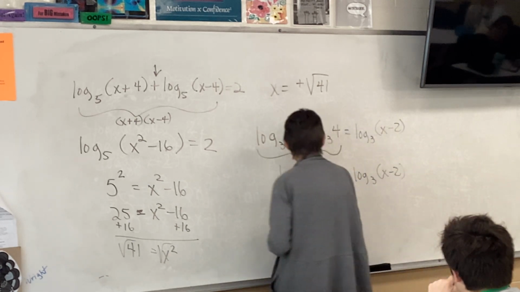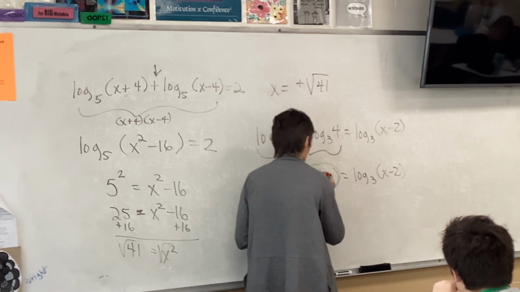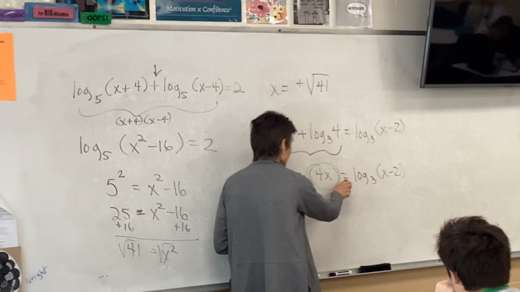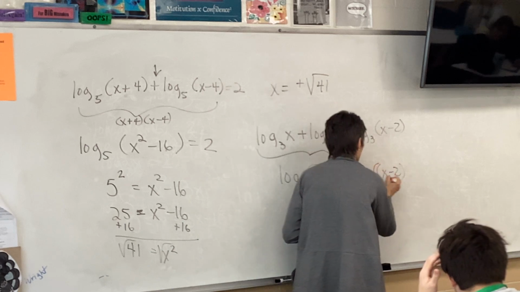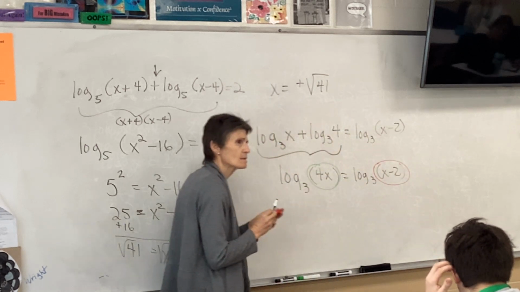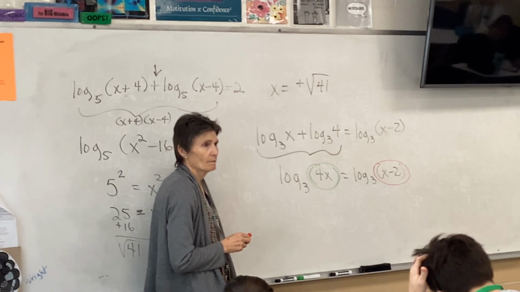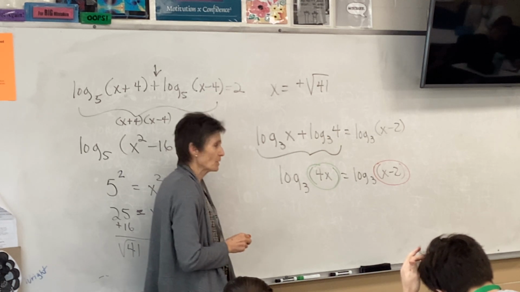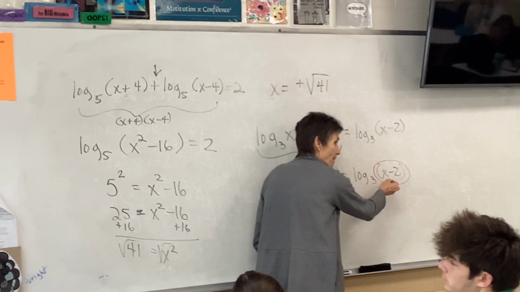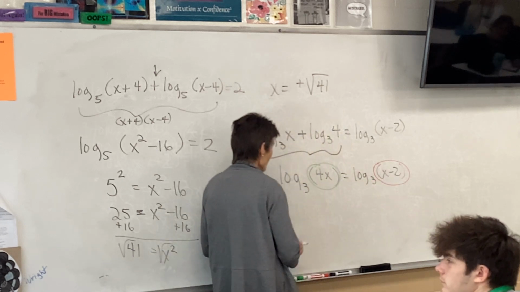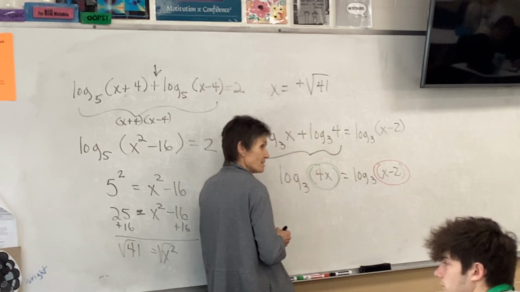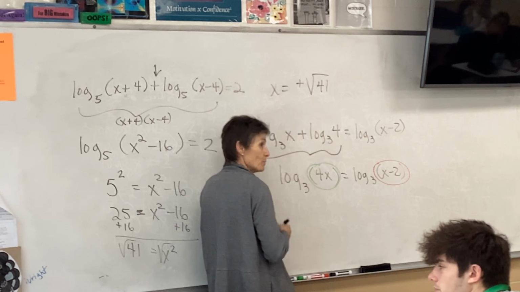If the log base 3 of this is exactly the same as the log base 3 of this, what do you think? Don't these two have to be equal? So if you have a log on both sides, you can ignore it.